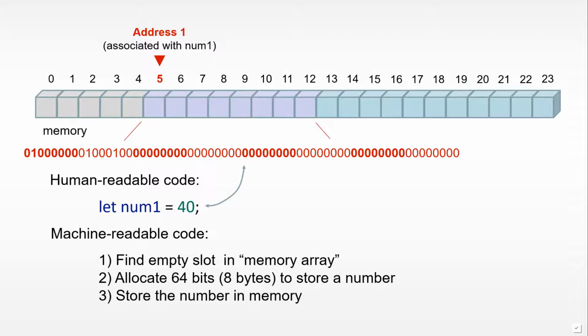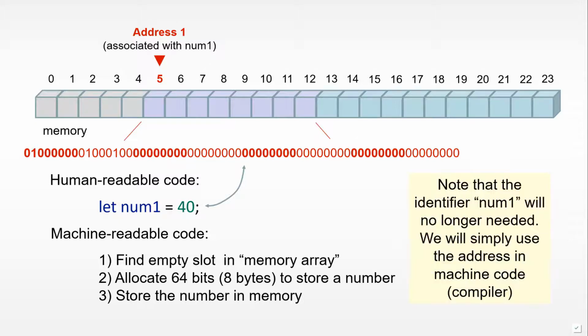How do we store the number in memory? By putting 48 zeros and ones in a specific order, which means something to the computer, so that we can retrieve this value if we go to address 5. So notice we have defined a value, we have associated it with an address. So if we want to retrieve this value from memory, all we need to do is go to the correct address and then retrieve the value.